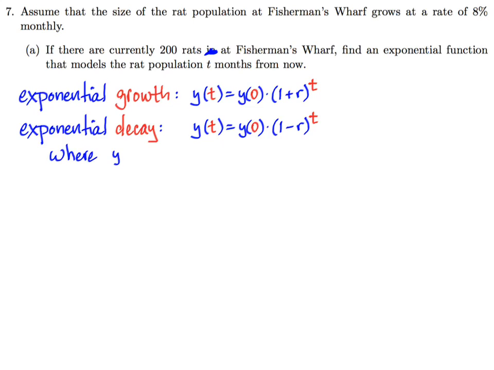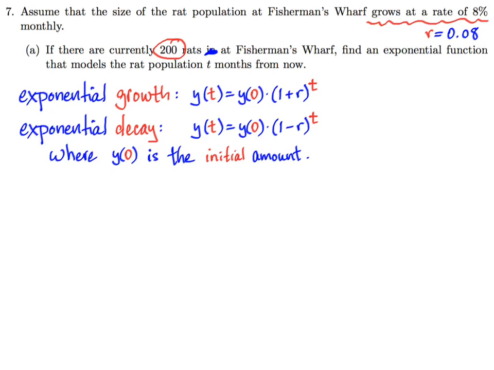So, as I said, y of 0 is the initial amount. So it could be initial population, like with the rat population, or an initial investment, like in the last example. Okay, so let's use this for this problem. The rat population is growing at a rate of 8% monthly. So that means that our rate is going to be 0.08.